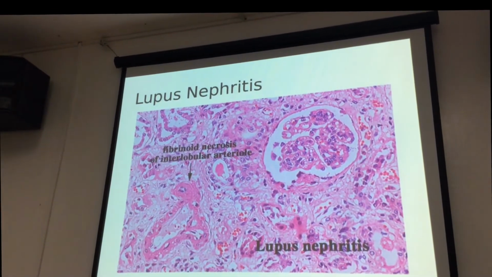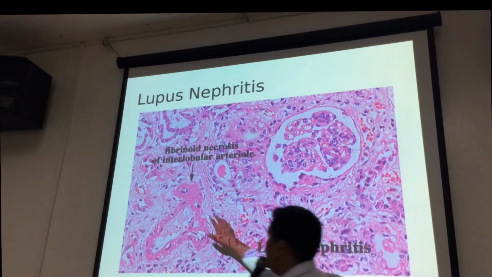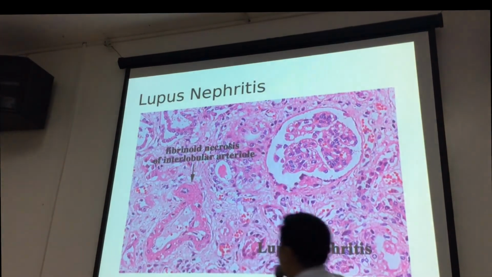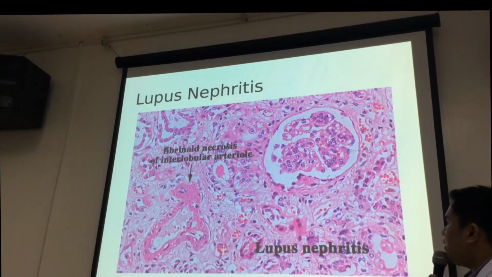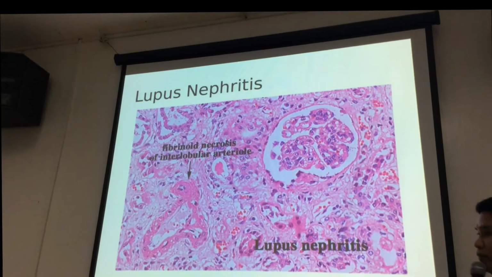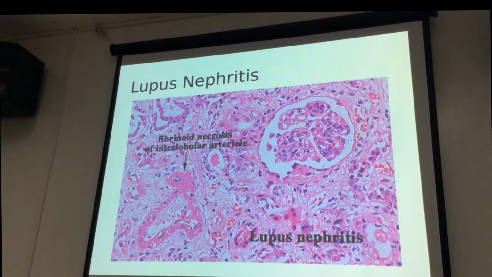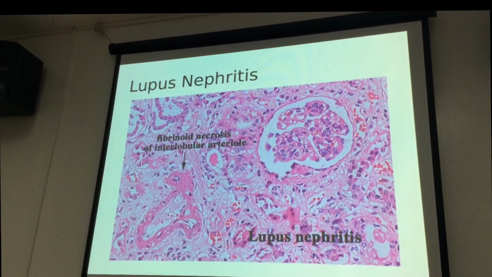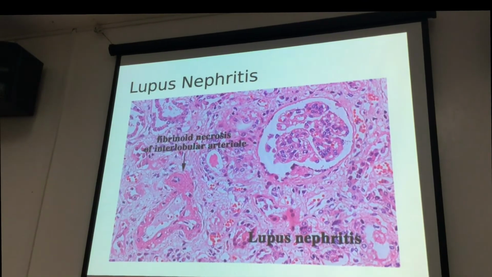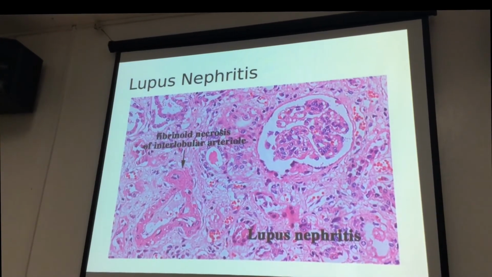So there will be thickening, and there will be fibrinoid necrosis. Now, fibrinoid necrosis is classically associated with autoimmune diseases, particularly those involving antigen-antibody reactions lodged in the blood vessels.